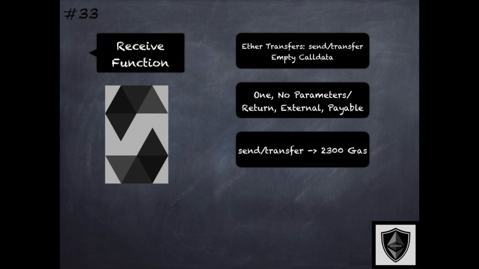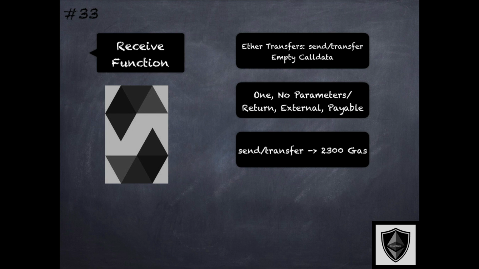The send and transfer primitives are designed in Solidity to transfer only 2300 gas. The rationale behind this was to mitigate the risk of what are known as reentrancy attacks, which we'll talk more about in the security module.